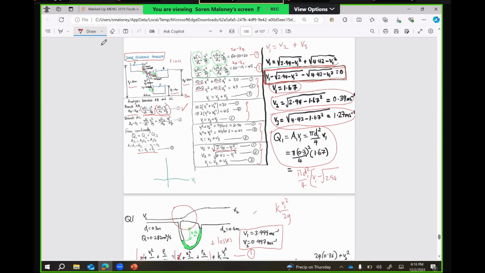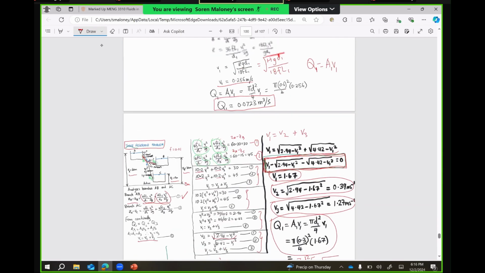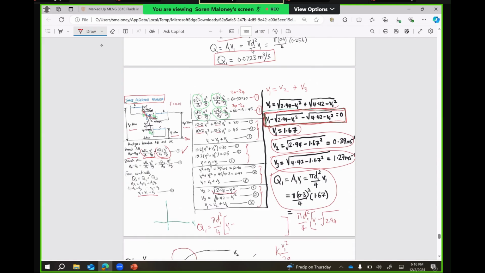So basically you would say that Q1 was equal to pi D1 squared on 4, which is the area, and you write this entire expression here, V1 minus 2.94 V1, blah, blah, blah, right? That's the most I'll ask you to do. I'm not going to ask you to solve this.